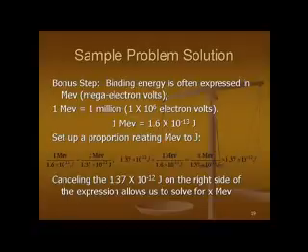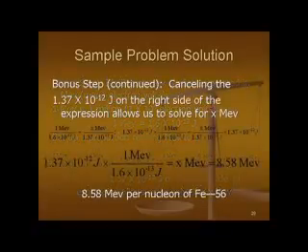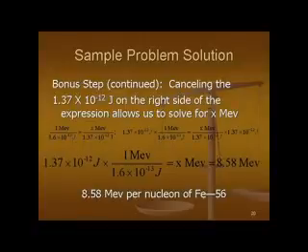When we do that, they'll cancel on the right side, which will allow us to isolate X mega electron volts by itself. So that's our goal, is to cancel units on the right side so that we have an equation that solves for X mega electron volts. We continue on, making sure that we cancel the 1.37 times 10 to the negative 12 joules from the right side of the equation, top and bottom.